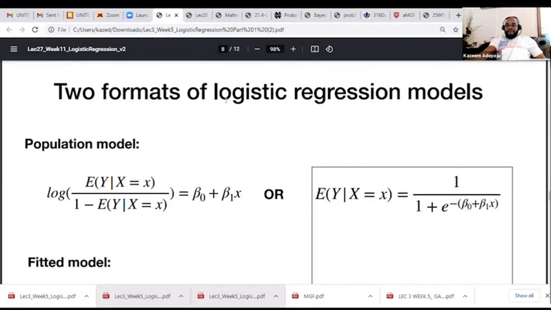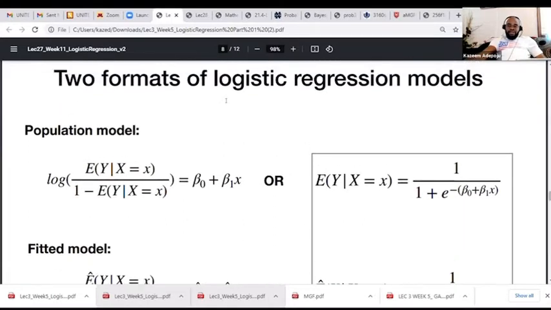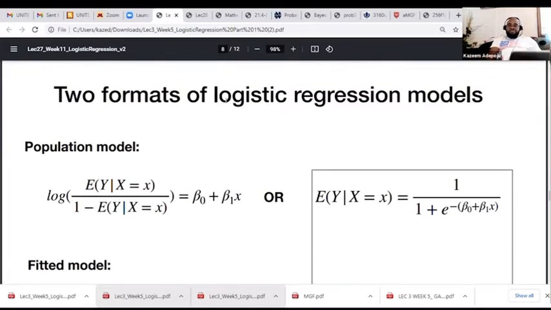Now, I told you the other time we have two formats of the logistic regression model. In the exam, I can ask you any of the formats, and I can ask you to state the two formats at the same time. Now, this is the logit form.